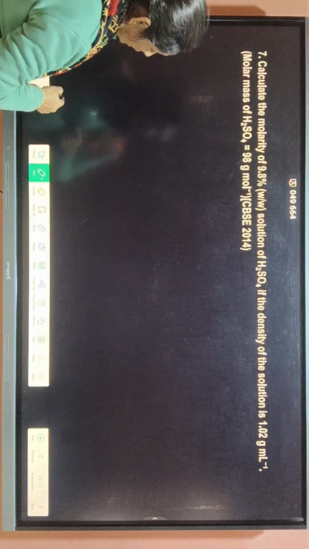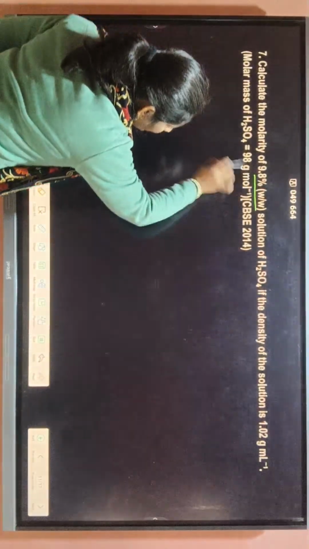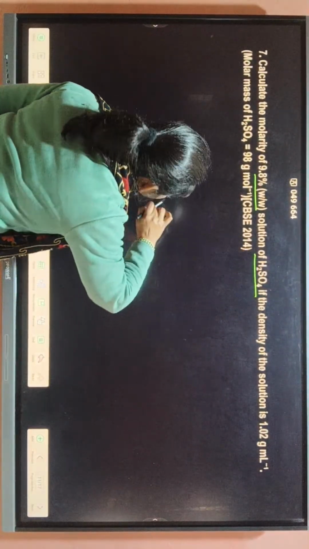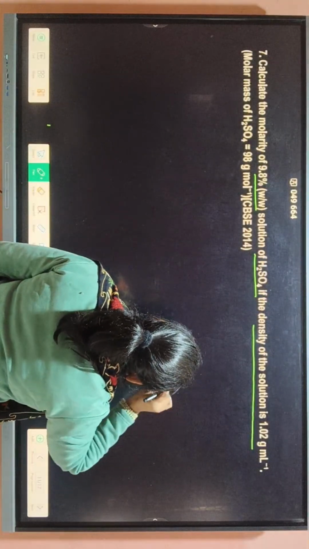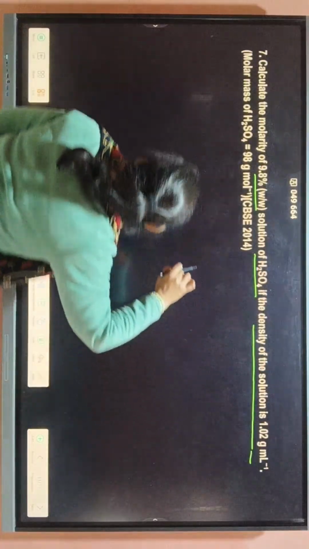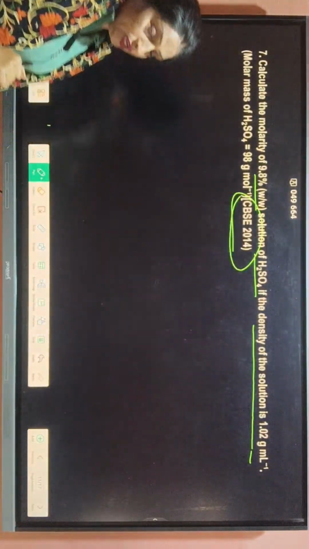Now students, our next question is: calculate the molarity of a 9.8 weight by weight solution of H2SO4 if the density of the solution is 1.02 gram per milliliter, molar mass 98 gram per mole. This is also a PYQ.